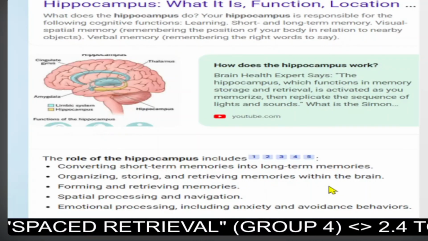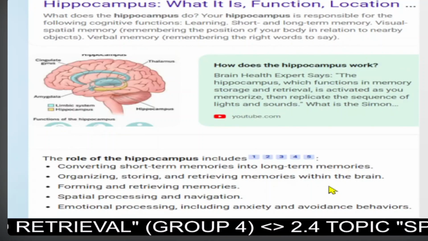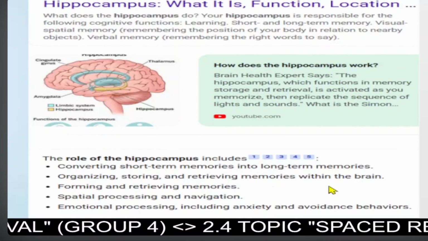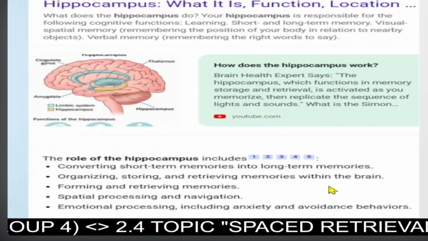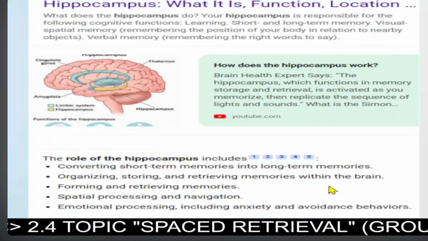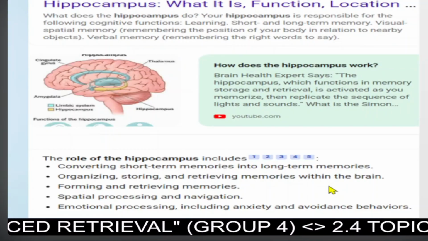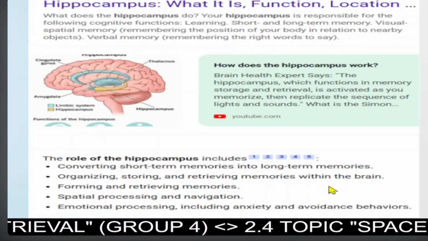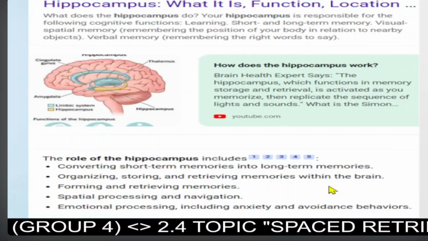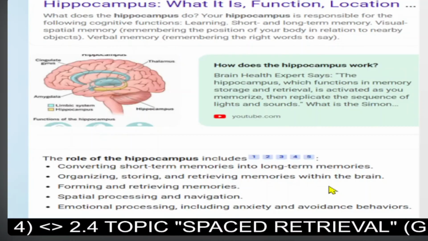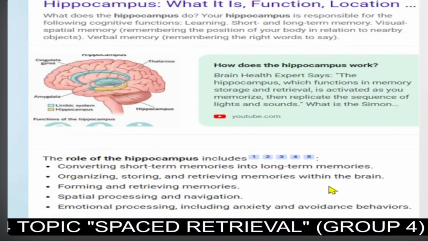What is meant by that hippocampus that you can read on the slide? So, as you can see there, the hippocampus in your brain is a tiny thing colored yellow. It functions in memory and retrieval.